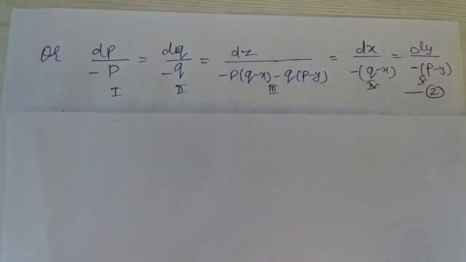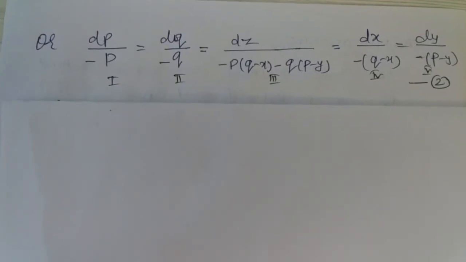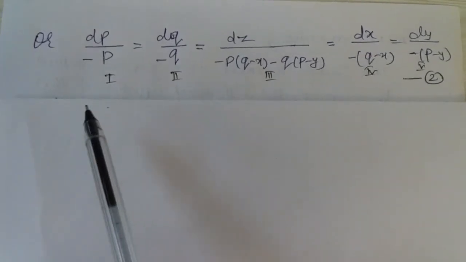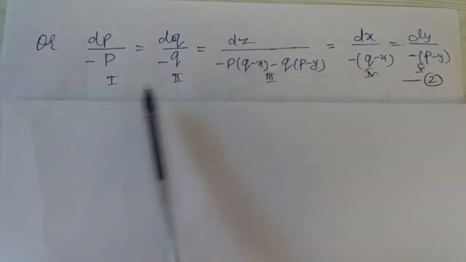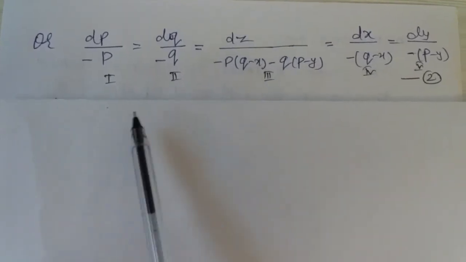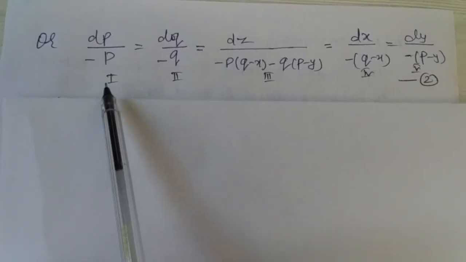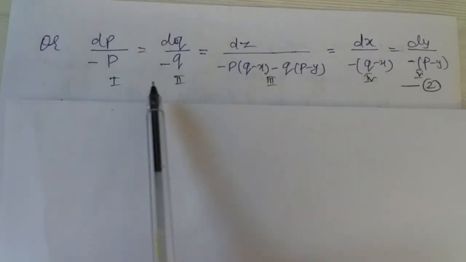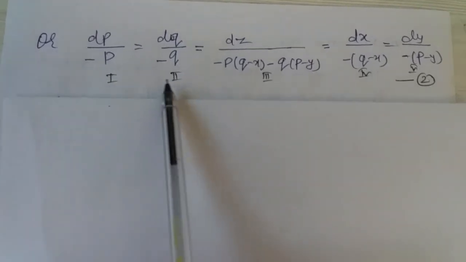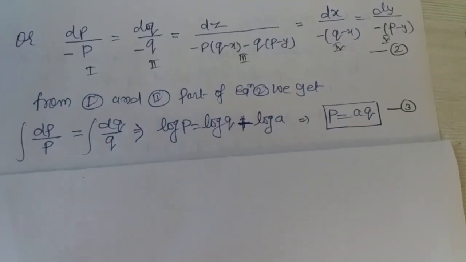So this is the Charpit auxiliary equation corresponding to the given equation. Now we have to select two parts which can be integrated. So here we select the first and second parts, because the variables are separated in the first and second parts.